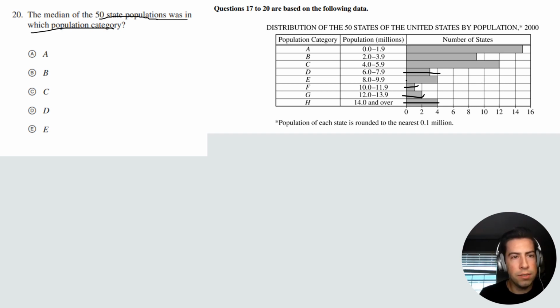Okay, so the median of 50 state populations was in which population category? So guys, we're trying to figure out state populations, okay? So let's talk about category A, for example. There are 15 states that fall within this number of people, right?